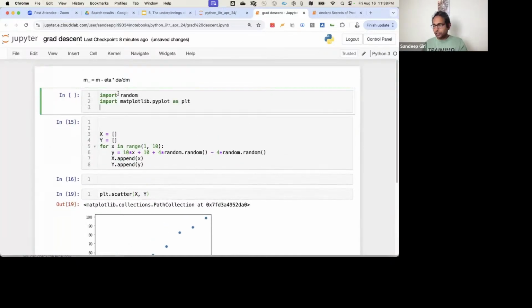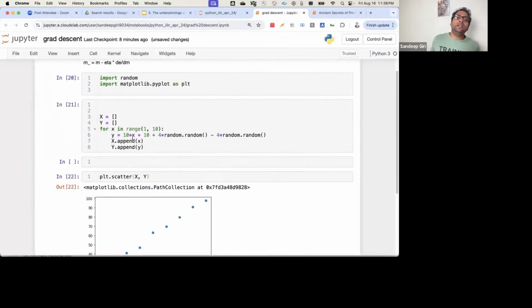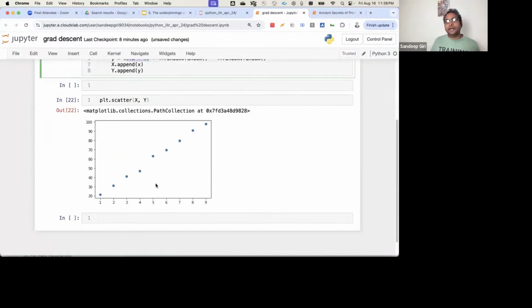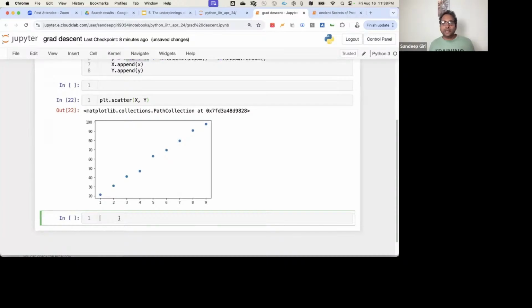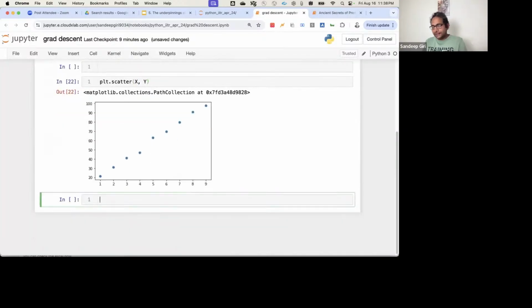Okay, good. So we just generated some random data. Me and you know that the equation of the line is 10x plus 10, but we are not going to tell the algorithm this. Now, first thing is, given the value of m and c, how much is the loss?